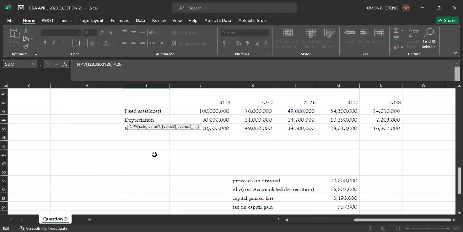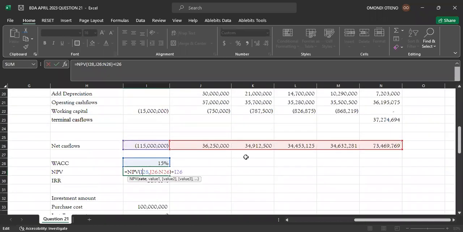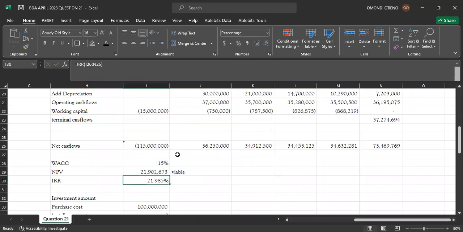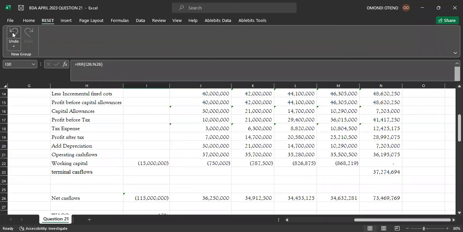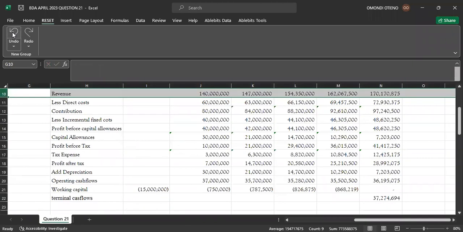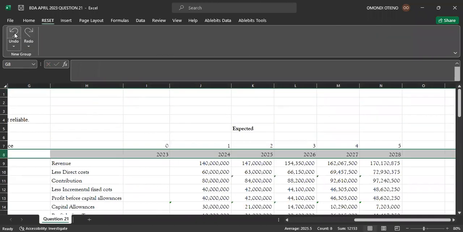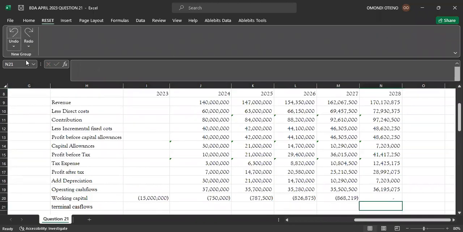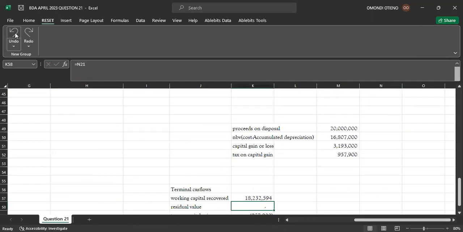Okay, so now I just want us to understand. Let me do away with this one here. Let me take back now. Let's now spread the risk. Let's get our terminal cash flows.